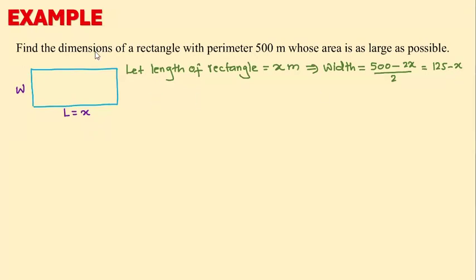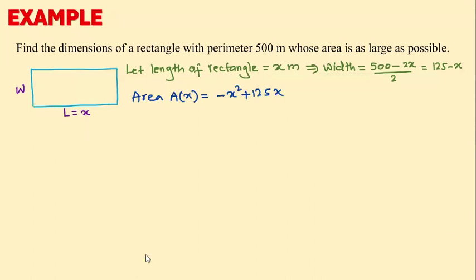We want to find the dimension of the rectangle with maximum area. So here also we want to maximize the area. Here area is equal to... I can write it as a function of x. What we do is we multiply length and width. So if I multiply x with negative x, that's negative x squared, and then x with 125, that is 125x.